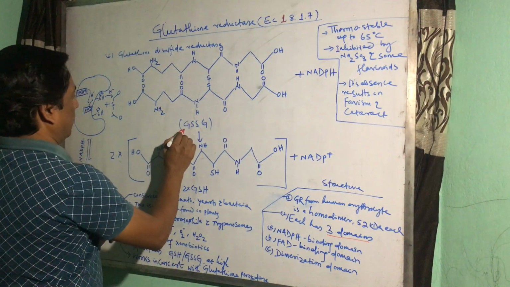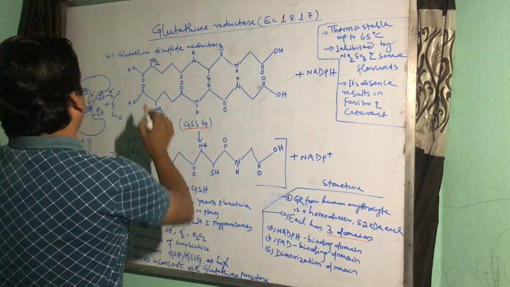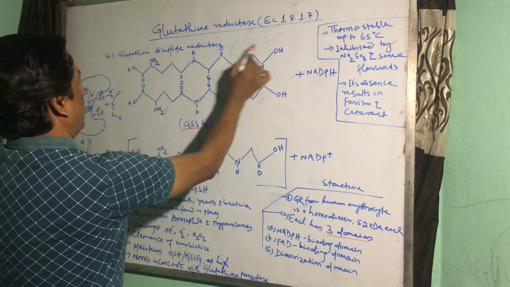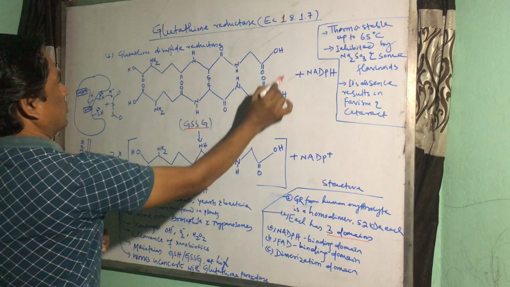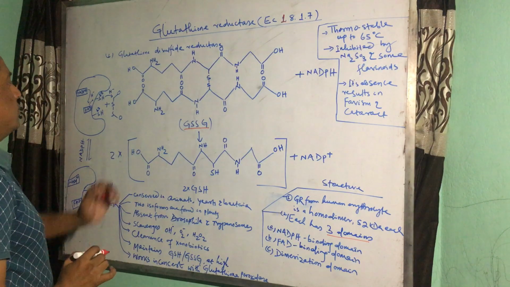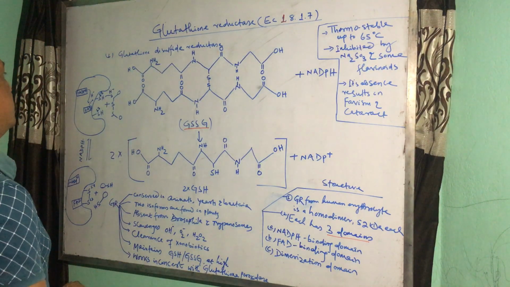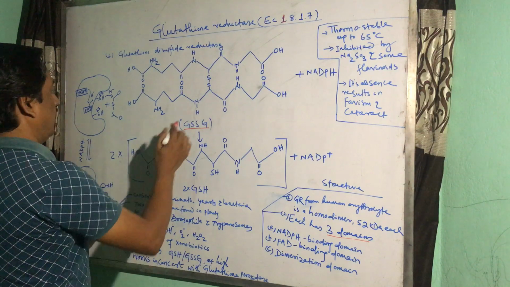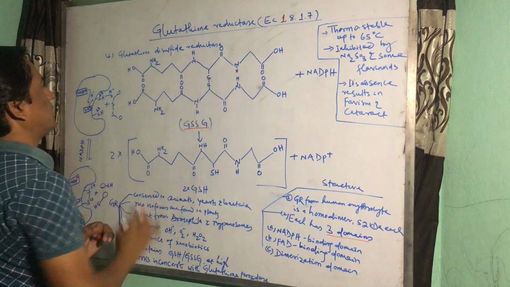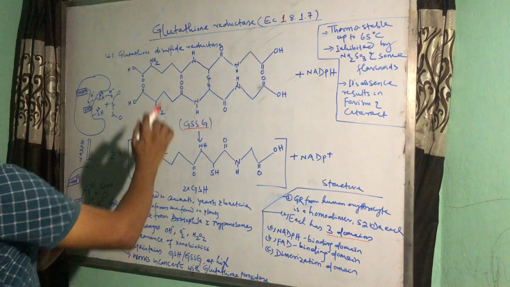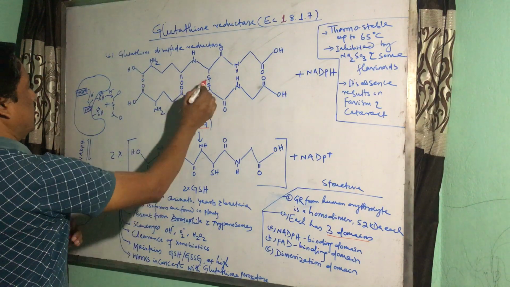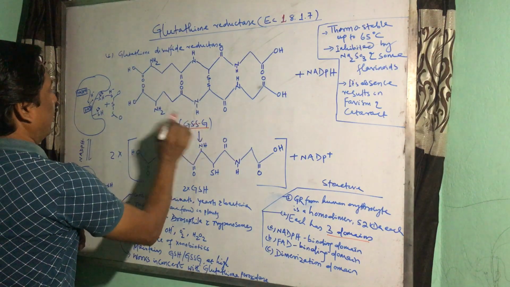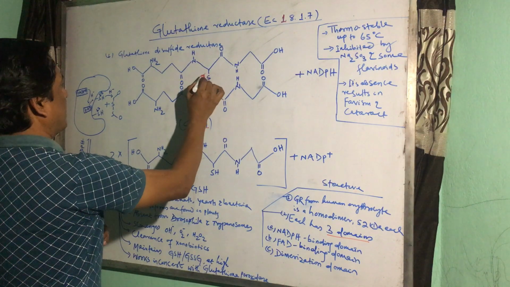So this molecule, whose structure is given here, is termed glutathione. This is the oxidized form of glutathione, which is joined by one disulfide bridge.